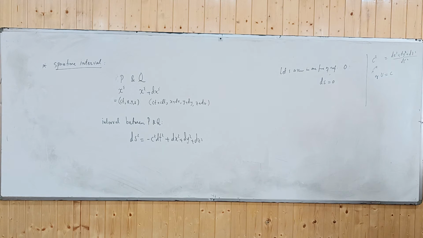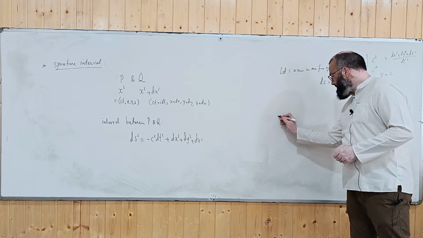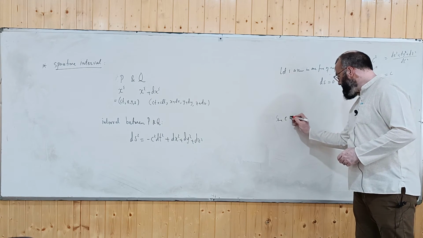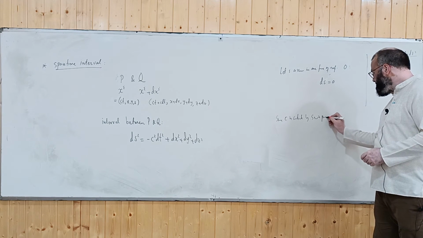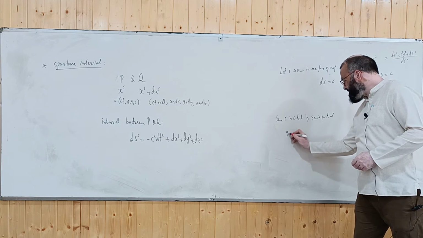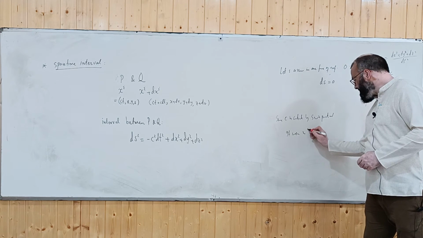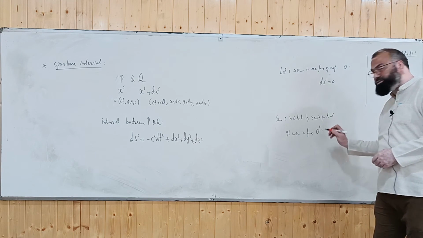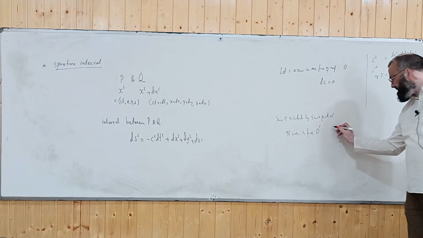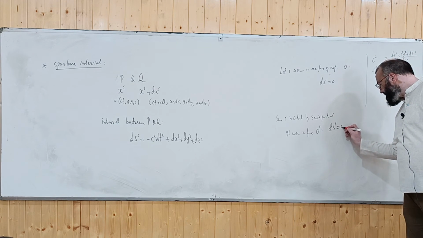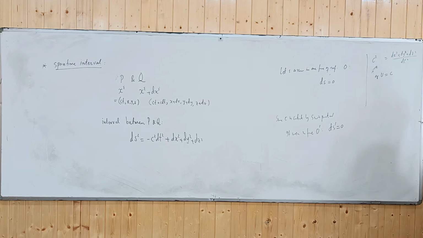Now, since the velocity of light is constant in all inertial frames of reference, by the second postulate, if I take another frame of reference, O prime, which is moving at a relative velocity, let's say v, with respect to O, then in this O prime, ds prime is also 0.